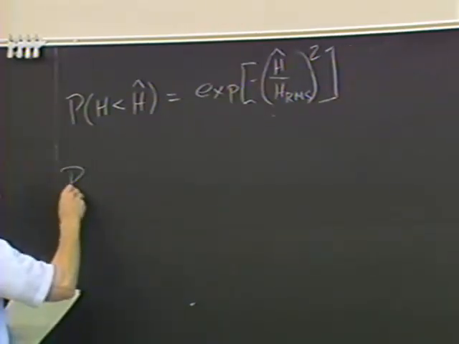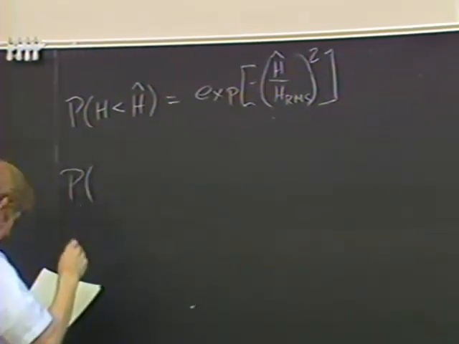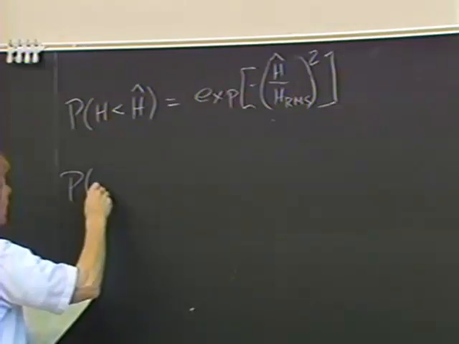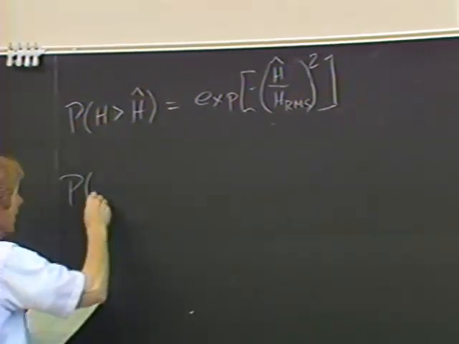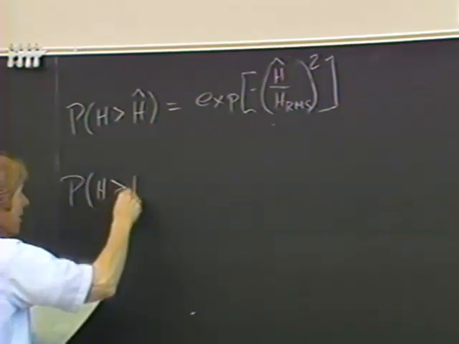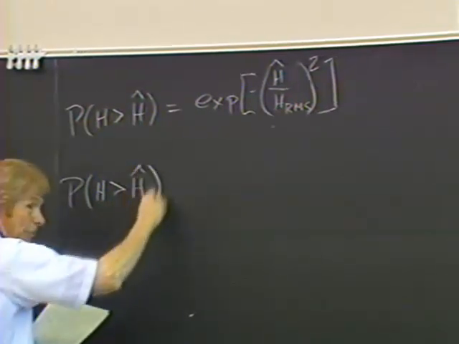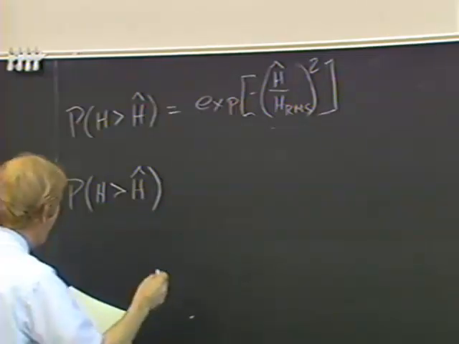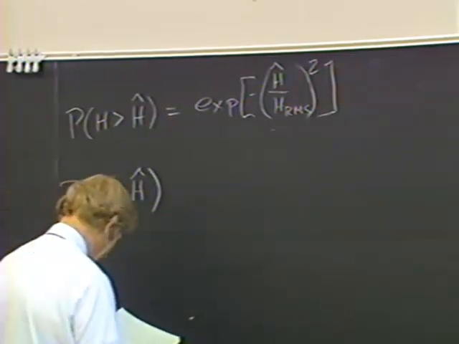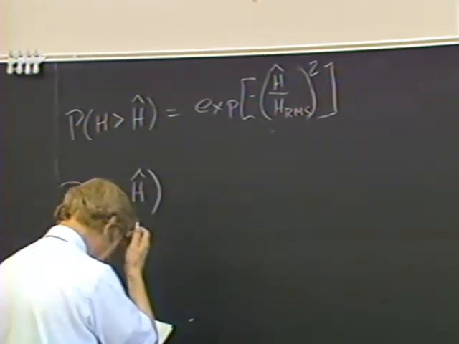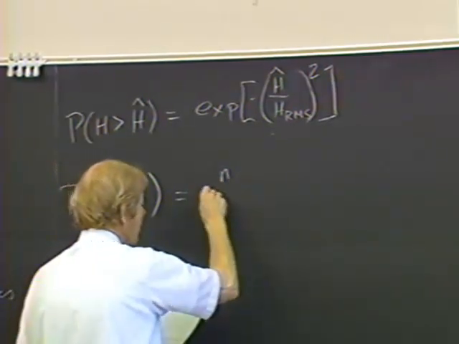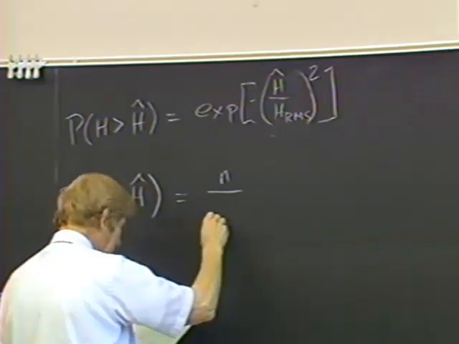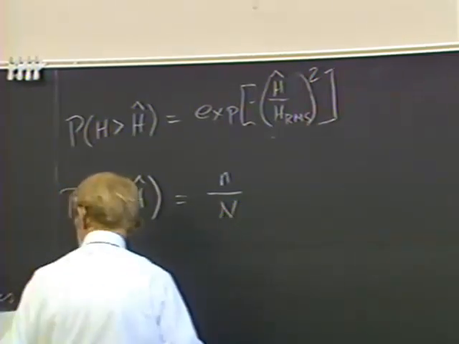This probability that H is greater than H hat is the number of waves higher than H hat, I'll call it little n, divided by the total number of waves, same N that we use here.